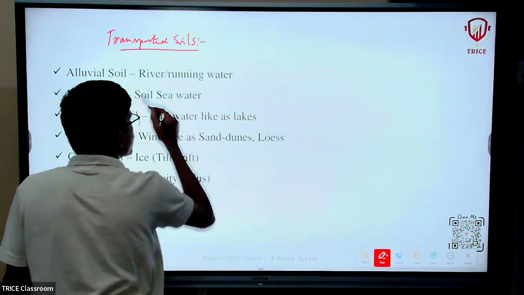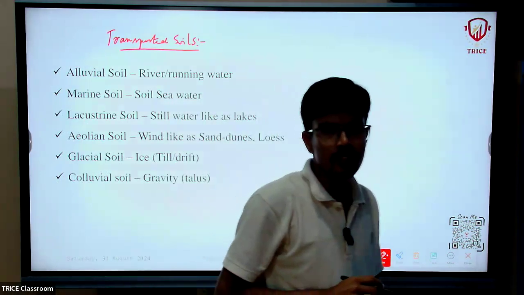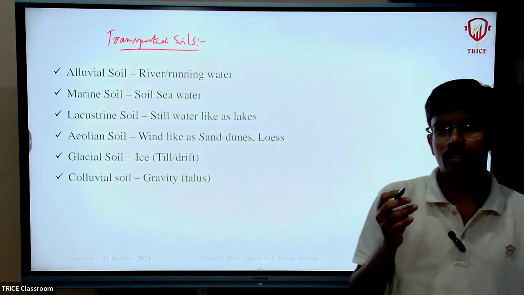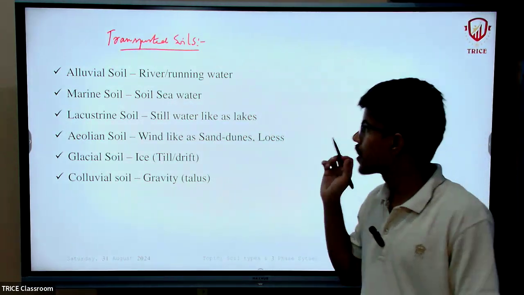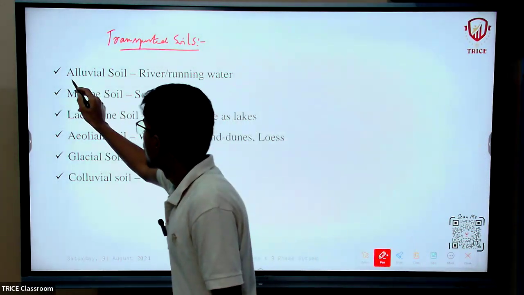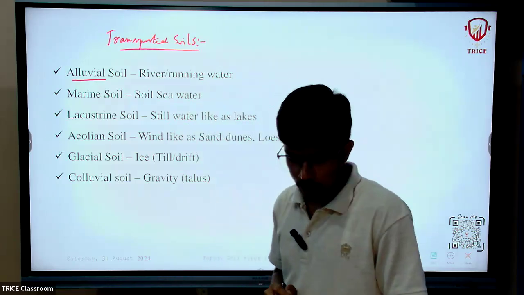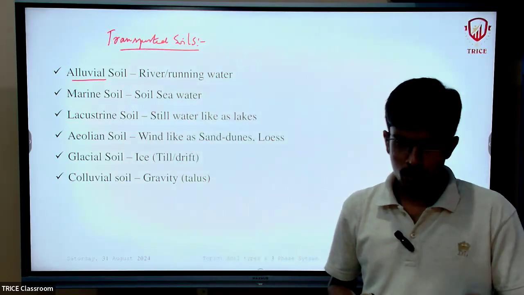We can basically classify them into two categories: the first is the residual soils, and the second is the transported soils. Here, the first transported soil we call the alluvial soils. When you say alluvial soils, we have the river.